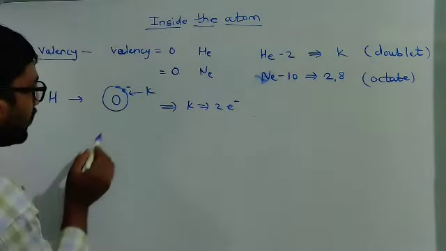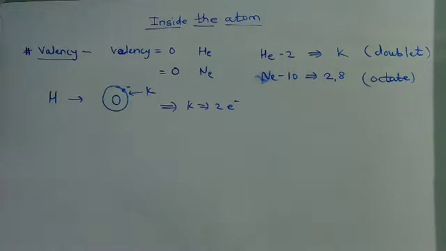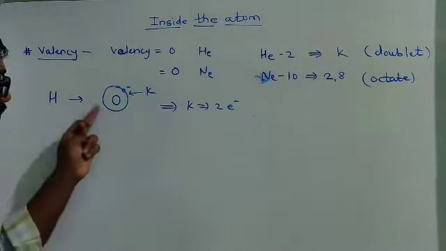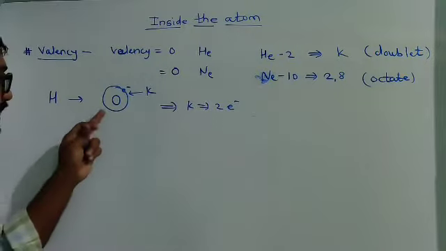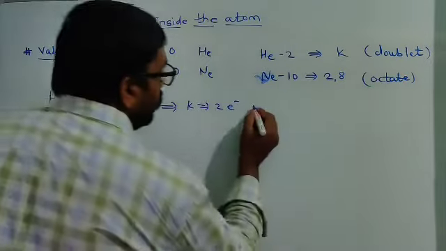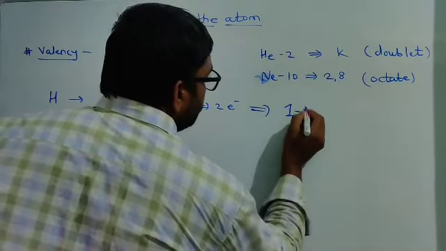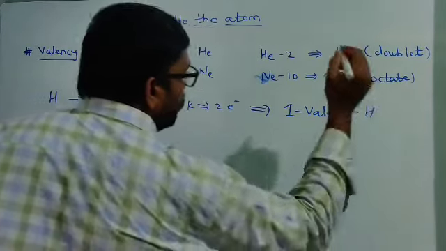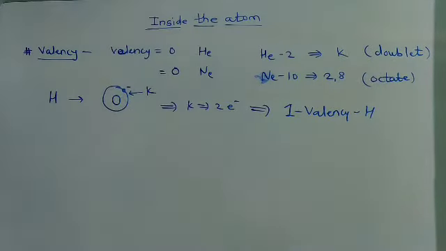But here only 1 electron is there. So if we want to complete its outermost shell, the valence shell, how many electrons do we require? 1. So 1 is the valency of hydrogen.